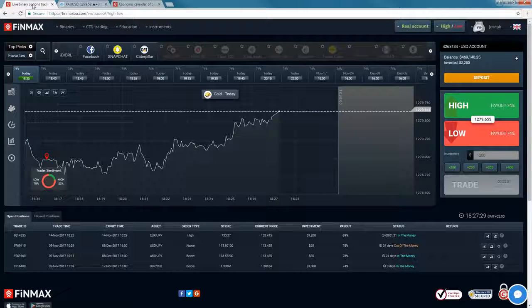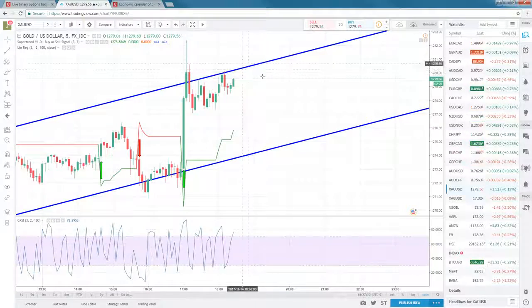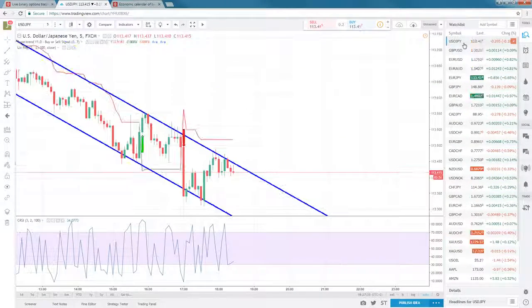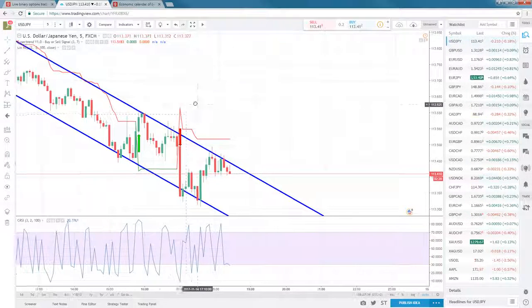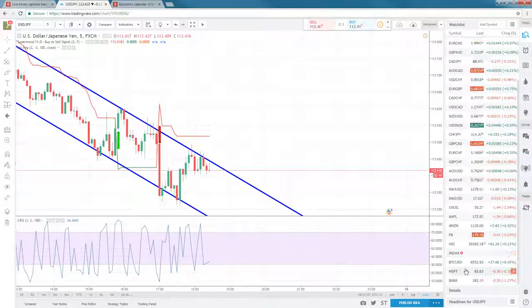Yeah, it's not that certain. So I'm going just to leave gold for now, and to find some more assets to trade, because I don't want to take a risk on gold, as I see that there is quite high volatility on its market.